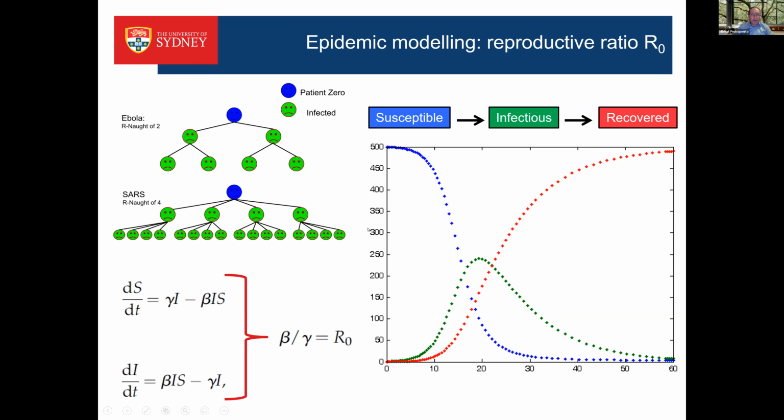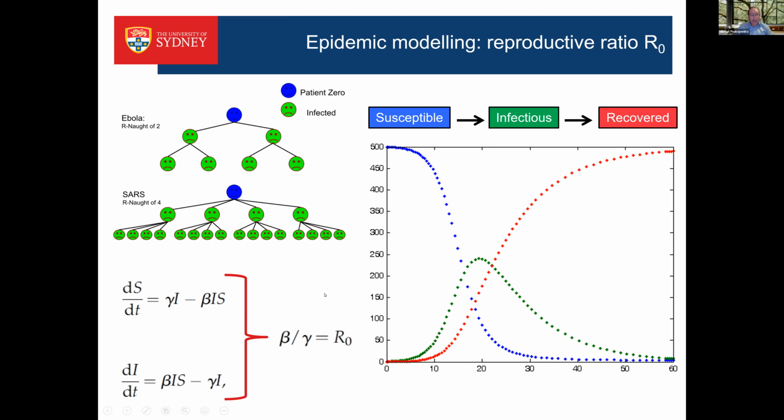So why do I say reproductive ratio here? Because in the context of this compartmental model that we just looked at in a different notation, beta is a transmission rate and gamma is a recovery rate. The ratio beta divided by gamma is exactly identical to the reproductive number R0.